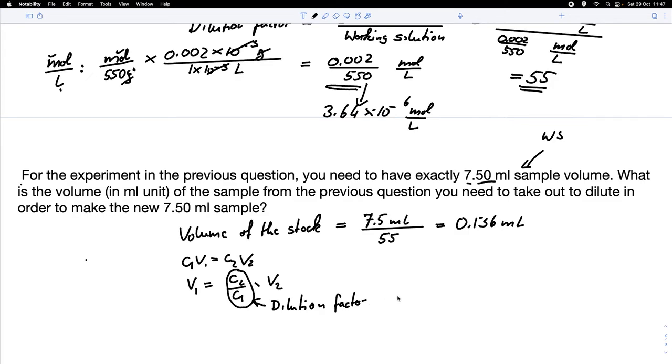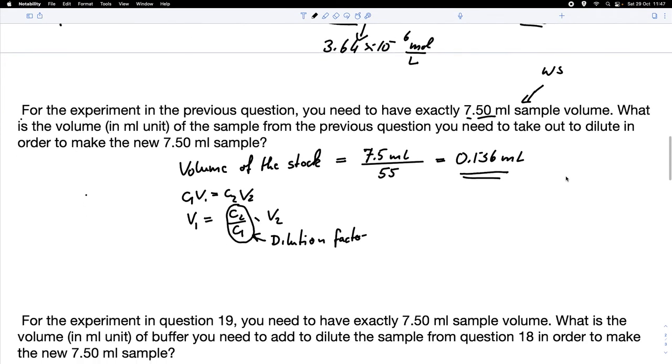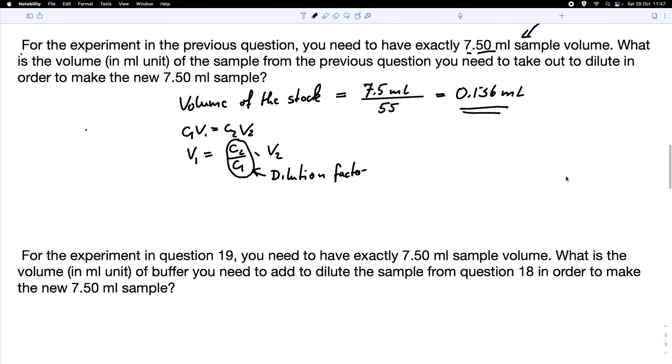So we need to use 0.136 milliliter of the stock solution. And now we also need to figure out how much additional diluent we need to make up these 7.5 milliliter, and that is actually what the next question asks us.